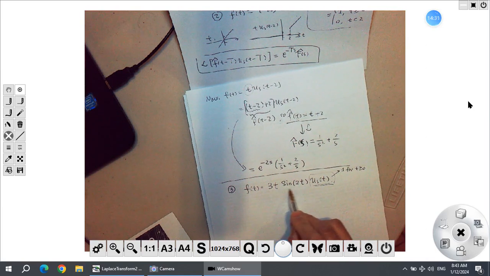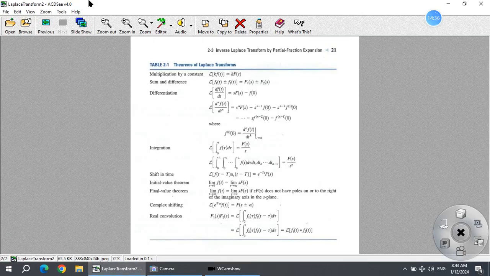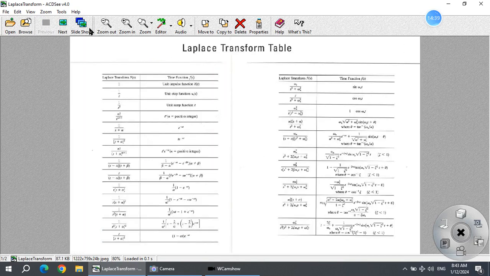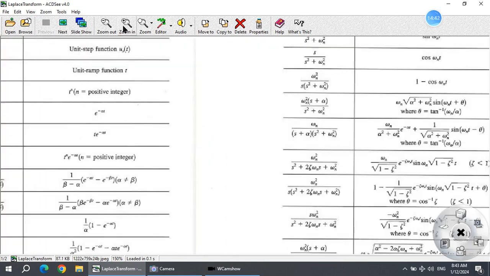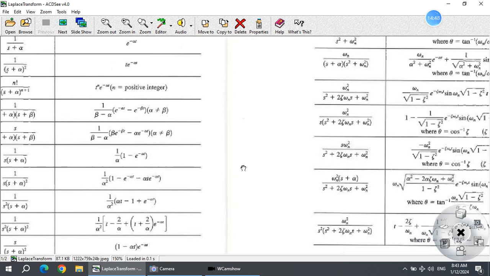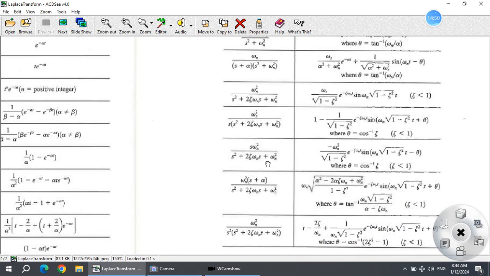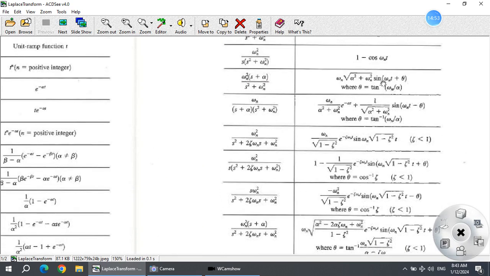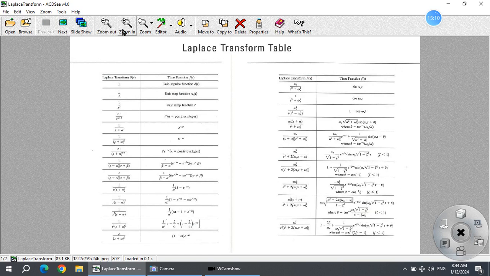And this part, we try to find it from the table. Do we have terms with t times sine? On this side, all of them are polynomials and exponential powers. On the other side we have sine and cosine, but before the sine is a constant, or an exponential power.